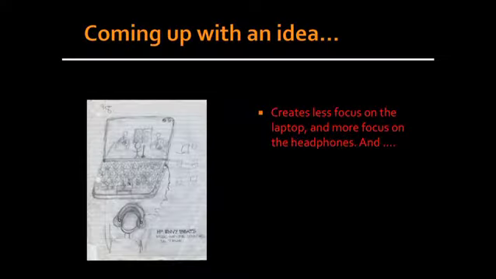Okay, so the first thing we came up with, we were like, okay, great sound. What's true sound? Live music, duh. So it's like a concert and a laptop. The person would basically be sitting there listening. You'd see an image of a laptop, and the people are the keys.